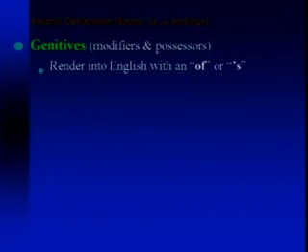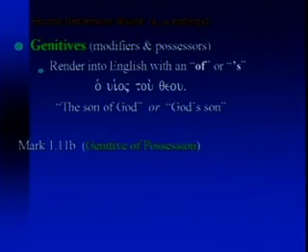Now, what about genitives? These are modifiers and possessors. The easy way to do this, moving from a Greek genitive case to English, is to use an of or an apostrophe s. Notice the examples that I show here. The Son of God. Tu theou is in the genitive case here. And therefore you would say the Son of God, or you could say God's Son.